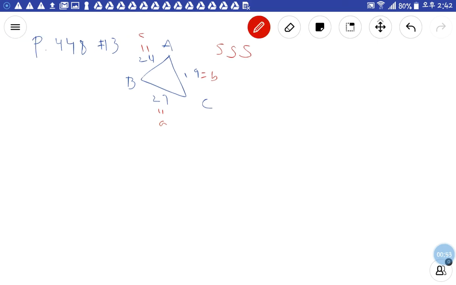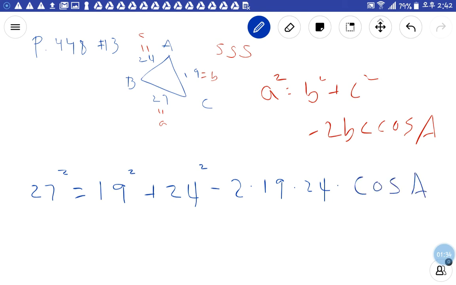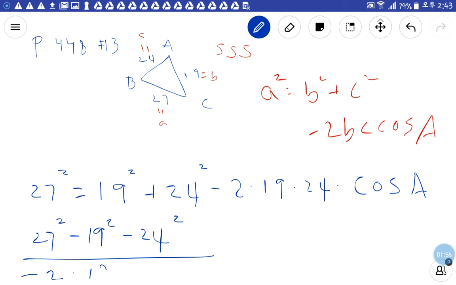The formula is A squared equals B squared plus C squared minus 2 times B times C times cosine of angle A. A is 27, so I plug in all the information: 27 squared equals 19 squared plus 24 squared minus 2 times 19 times 24 times cosine A. Move everything to one side: 27 squared minus 19 squared minus 24 squared, divided by negative 2 times 19 times 24.